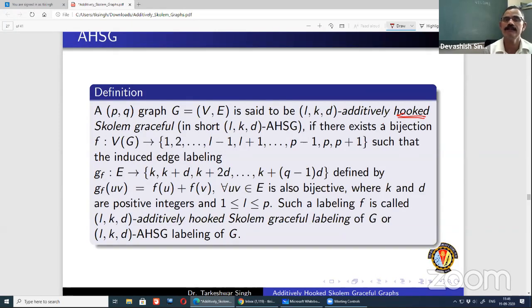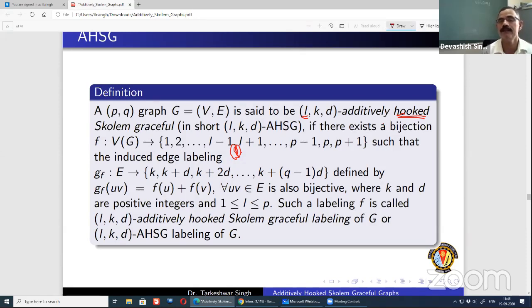So here L is a number. If you remember, in the earlier results, we started the numbers from 1 to p minus 1, and p was not considered, and then p plus 1. So instead of that last number 2n, we can take any arbitrary number L. The vertices of the graph will be labeled from 1 to L minus 1, then L is not there, then L plus 1.